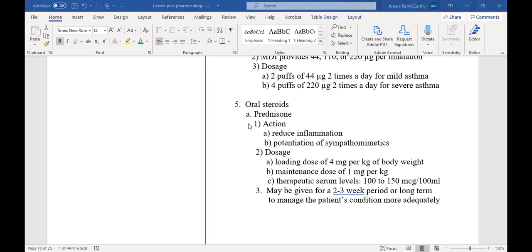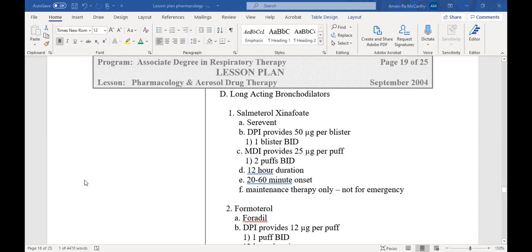If you're live, you won't need to go back over the lecture, but it's here for you. If you want to go back and look at it while you're taking your notes or whatever you need to do, it's being recorded. But make sure you study, study, study, because tomorrow we're going to go into long-acting bronchodilators, right?